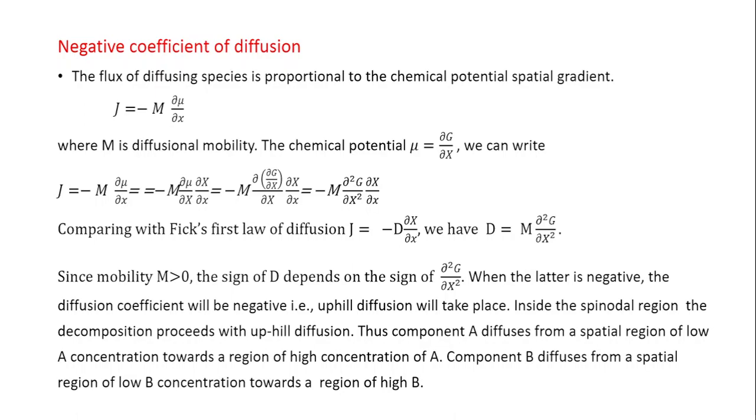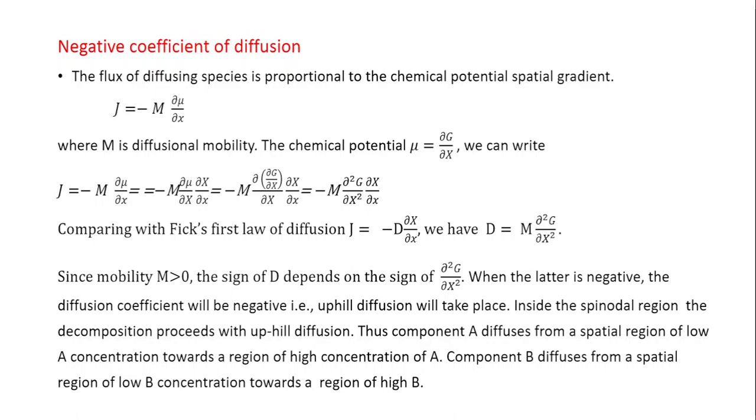So this again is equal to minus M ∂²G/∂X² multiplied by ∂X/∂x.